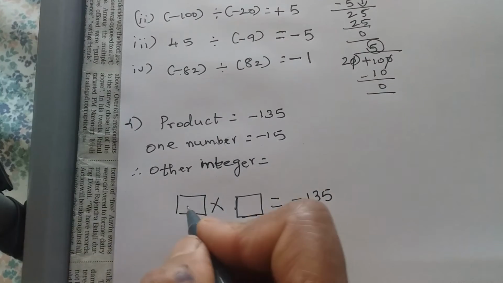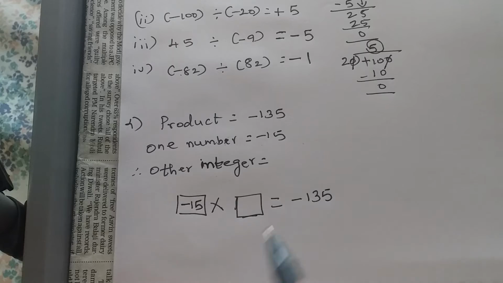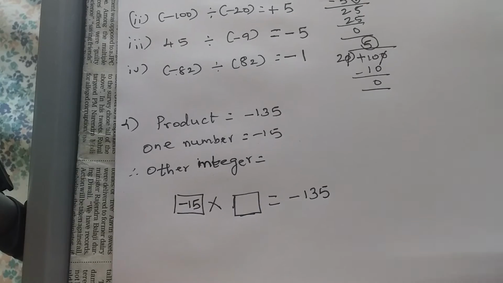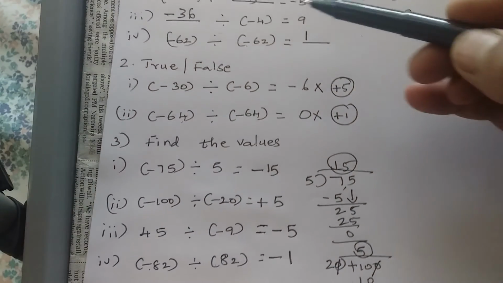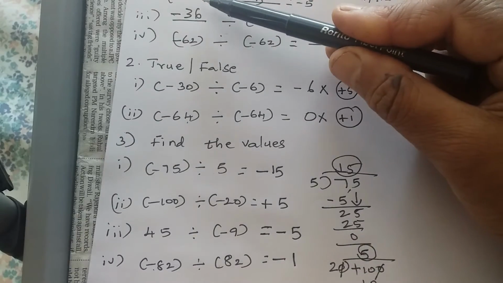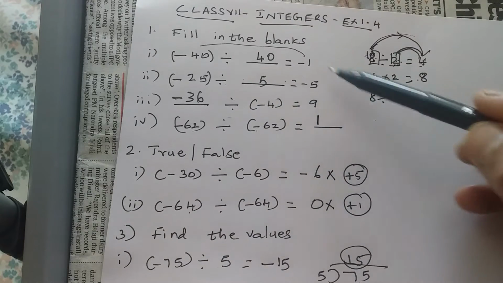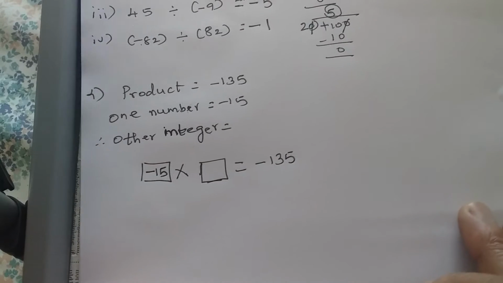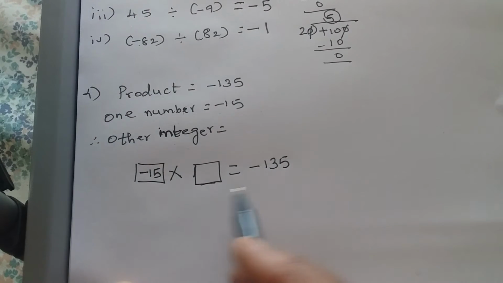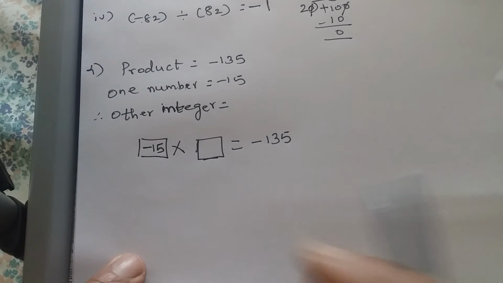And one number is minus 15. We have to find the second number. So it is same as the first and second sum both. A number divided by dash gives you minus 5. So it is multiplication. There it was division, here it is multiplication. So even as we had two facts for a division sum, for a multiplication sum also we have two facts.